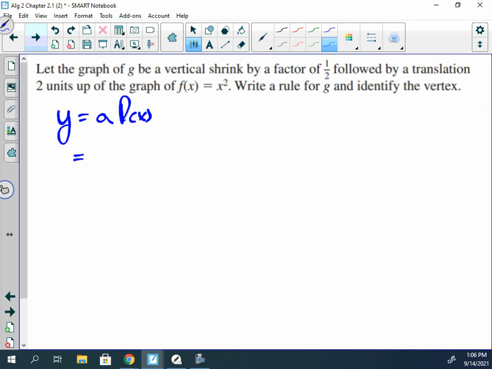Well, what is our value of a? 1/2. Well, what is f of x? x squared. So this is really just 1/2 x squared.